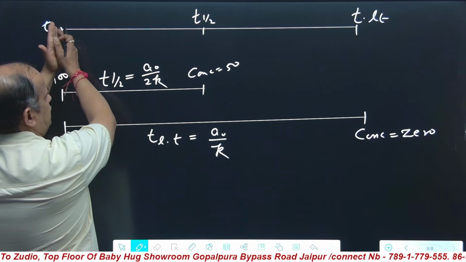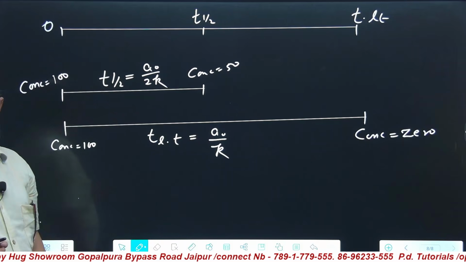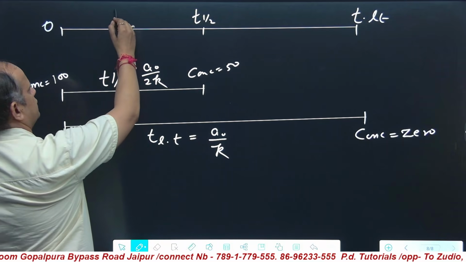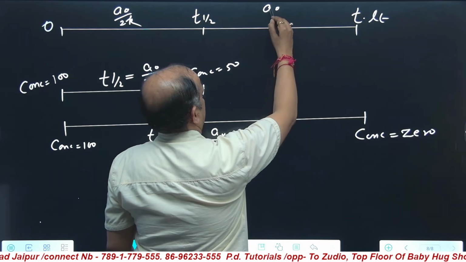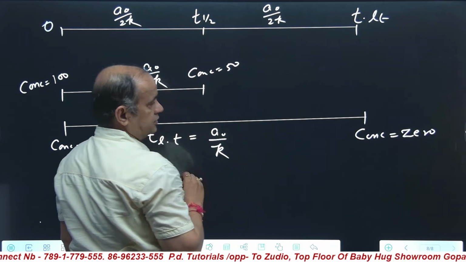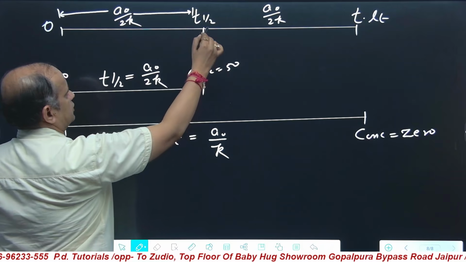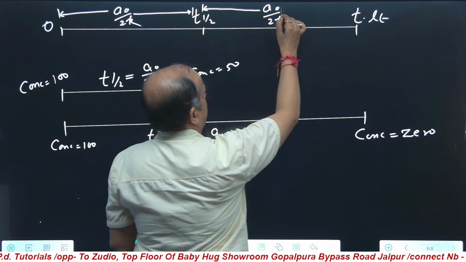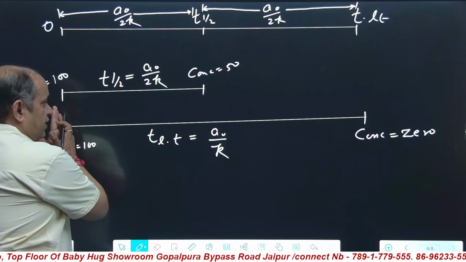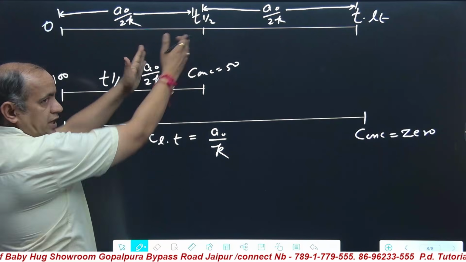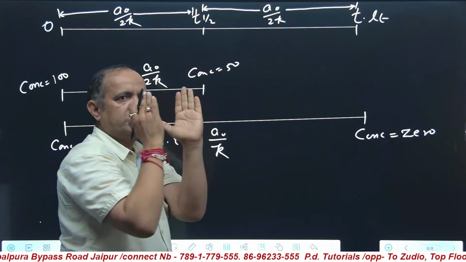We can say here 50% reaction occurs, next 50% reaction occurs. So this time is A naught by 2K, and this time is also A naught by 2K. Concentration decreases from 100 to 50 in A naught by 2K, and from 50 to 0 in A naught by 2K.